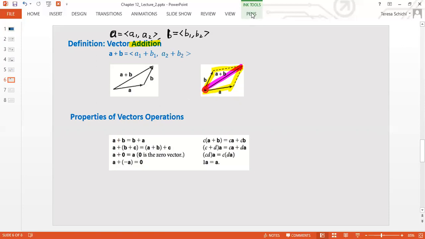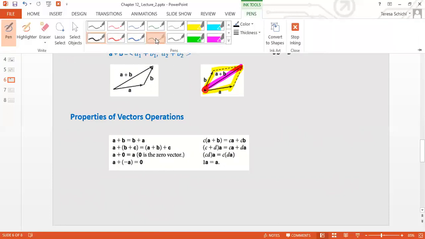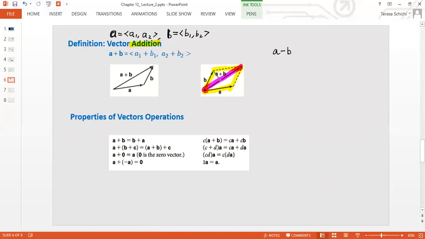How about A minus B here? What is the A minus B? Okay, so we know the A and the B span a parallelogram, right? This diagonal is A plus B, and believe it or not, the other diagonal, from here to here, is A minus B, so the initial point is here.